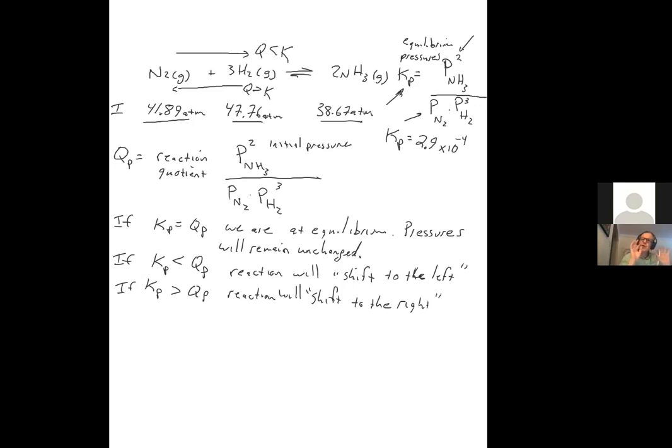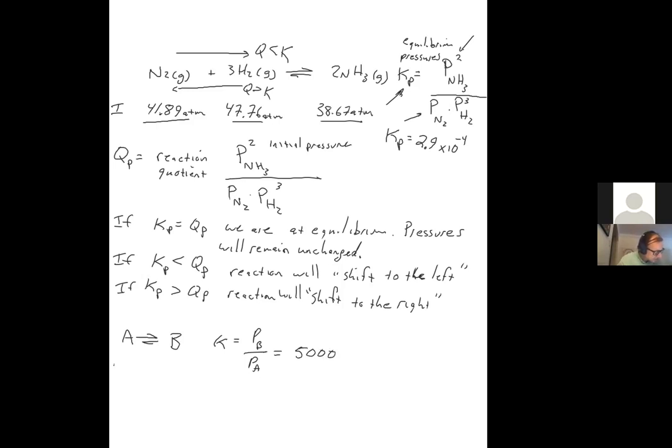I'm going to just show you one quick example. Suppose I were to say A goes to B. And K would be pressure of B over pressure of A, right? Suppose I said, and let's give a value, K is 5,000, big number, okay?